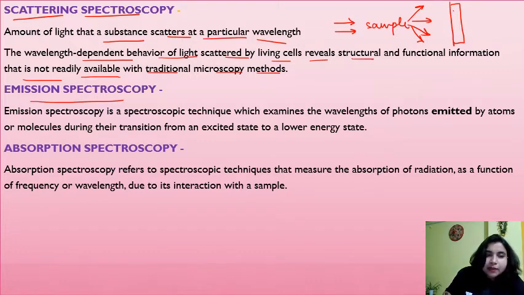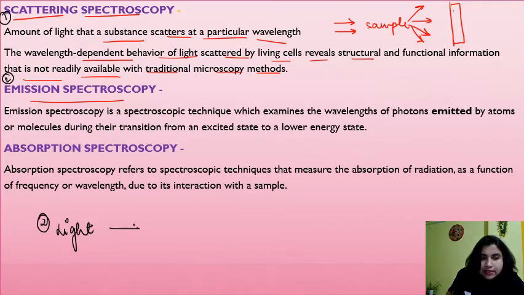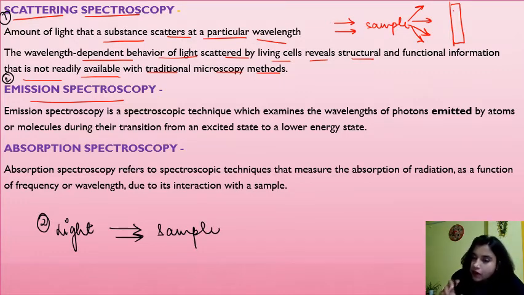Coming to emission spectroscopy, what is emission spectroscopy? Emission means something emitted. Suppose this is a light. I am writing this is first, this is second, and for the second one I am explaining. If there is a light, it will interact with the sample, right? The sample will absorb a wavelength of the light.